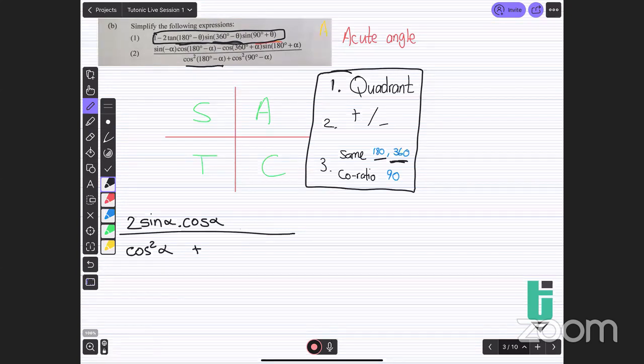Remember it's 90, so cos becomes sine: sine alpha squared. And what's next? Then you can use the identities. So what's the final answer? It will be sine 2 alpha over 2 cosine alpha.